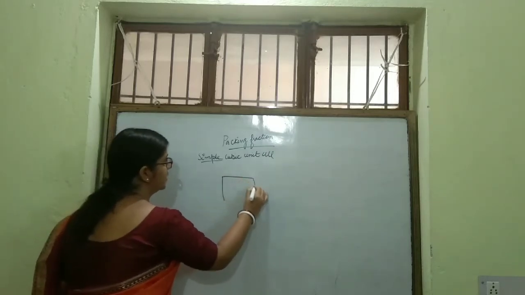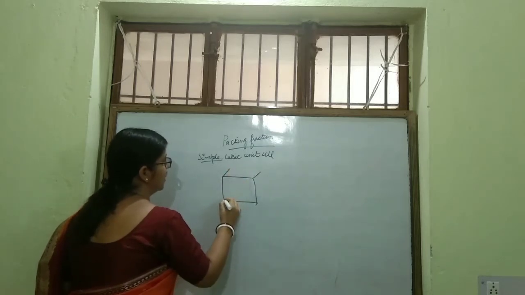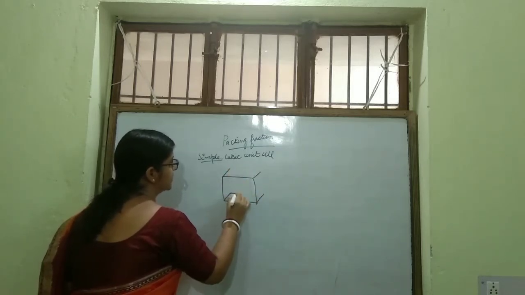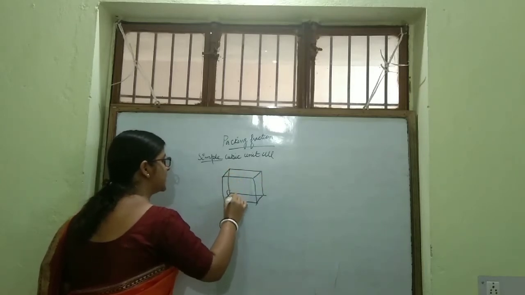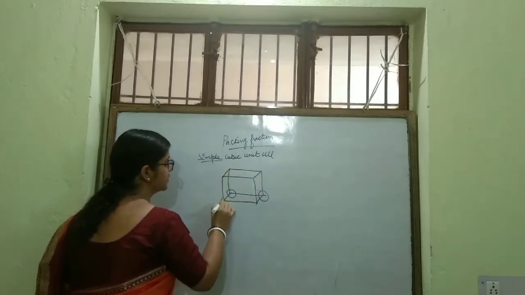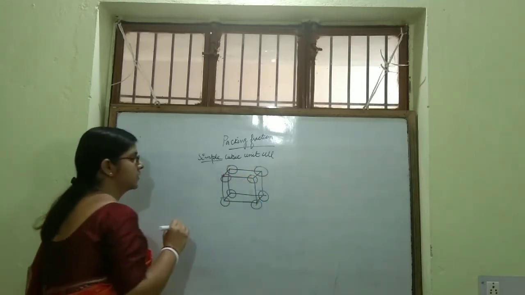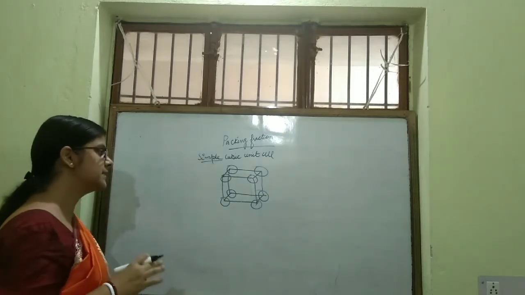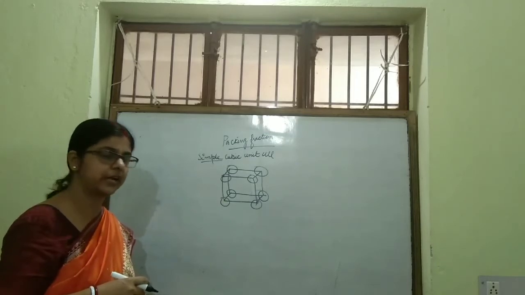Here you see, in primitive unit cell, where will be the position of the particles? We all know now that the particles are present only at the corners. So, in this case, we will find out the packing efficiency or packing fraction.